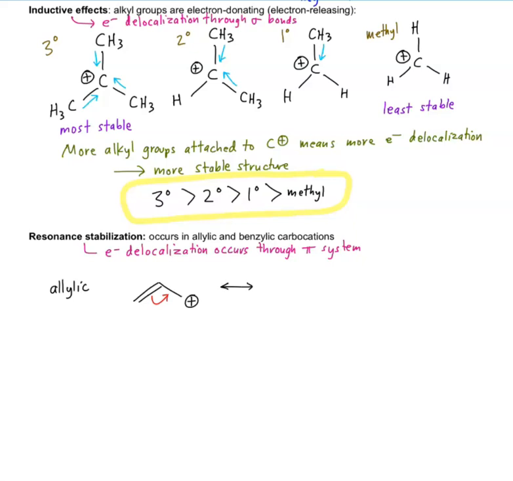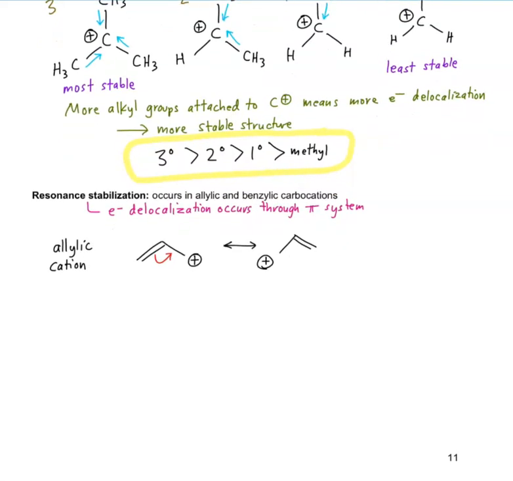So referring back to what we did with resonance, remember that when you have a double bond next to a positive charge, you can invoke a resonance move like the one that I've just drawn. And that's going to be similar to the situation you have with a benzylic cation.